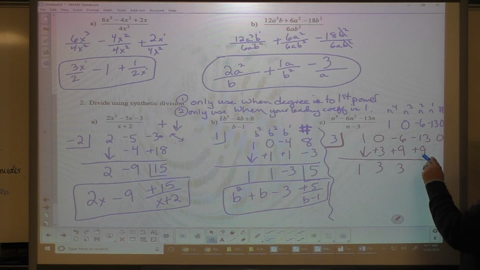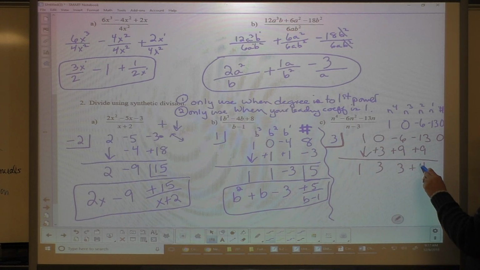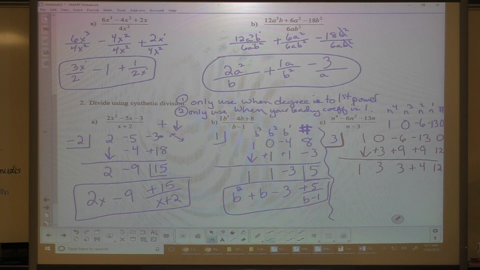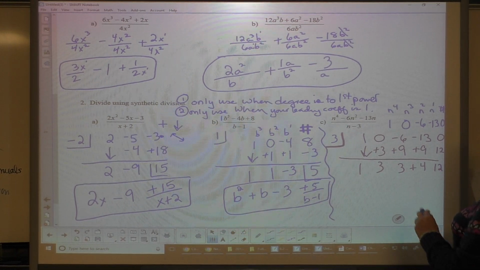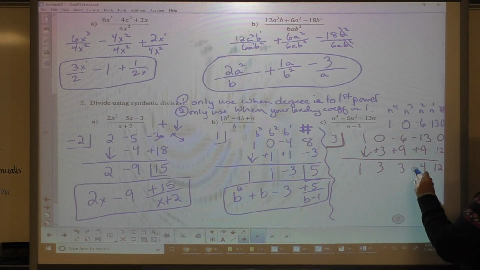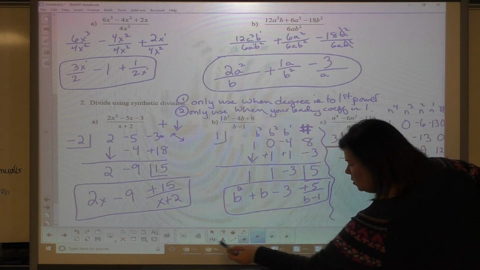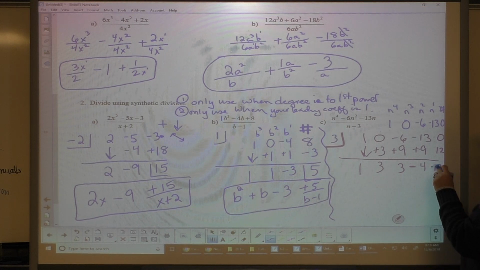So we have negative 13 plus 9, which is negative 4, and then 3 times negative 4 is negative 12, and 0 plus negative 12 is negative 12. Actually, we have a negative 4 here, not positive. Just realized that. So that means this is a negative 12 here, which makes a remainder of negative 12.